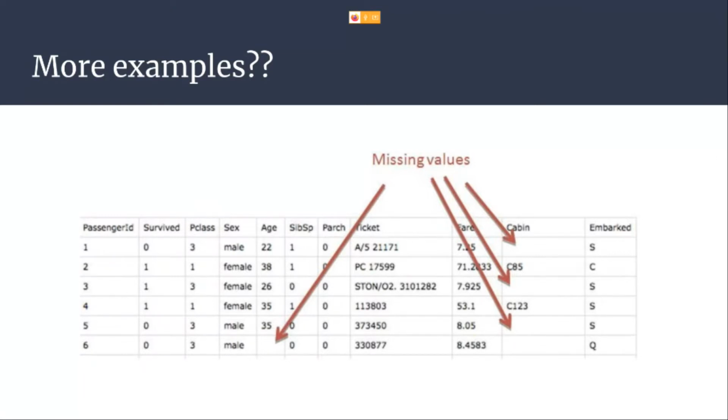Or if it is a categorical variable, maybe we can just discard those rows which have missing values, or we can take the most frequently occurred value and replace the missing values with it. This handling of missing values has a very fancy name. We call it the imputation technique, which we will be discussing later.